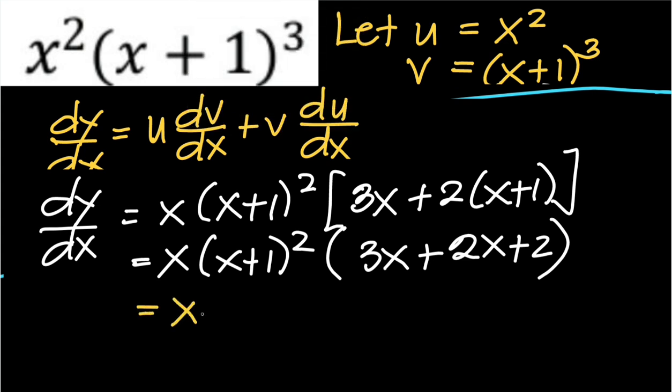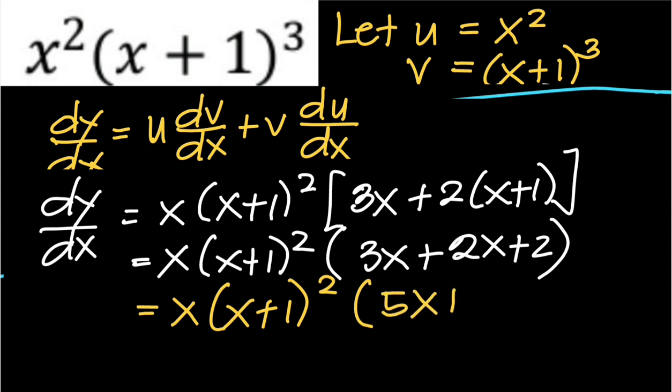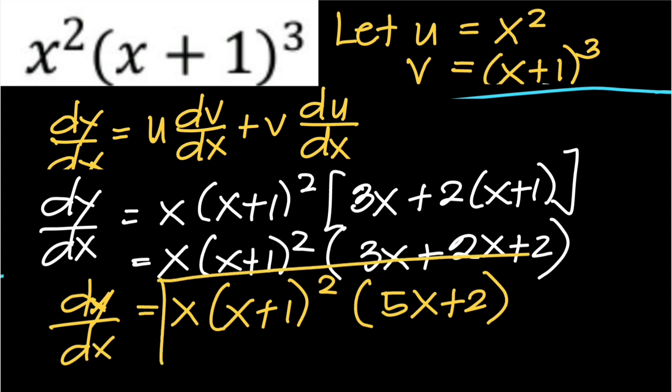So this is just x times x plus 1 squared times 3x plus 2x is 5x plus 2. So the derivative of the given function x squared times x plus 1 cubed is just this one. This is our final answer: x times x plus 1 squared times 5x plus 2.